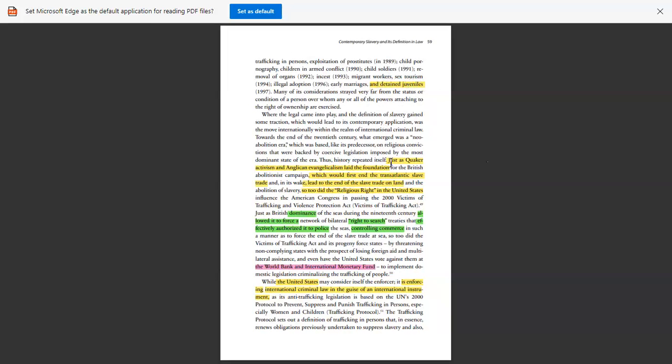So history repeated itself, though, and this to me also shows where the power is and where the people have the power, especially at the local level. And they show right here that just as Quaker activism and Anglican evangelism laid the foundation, they basically ended the first transatlantic slave trade, which led to the end of the slave trade on the land.